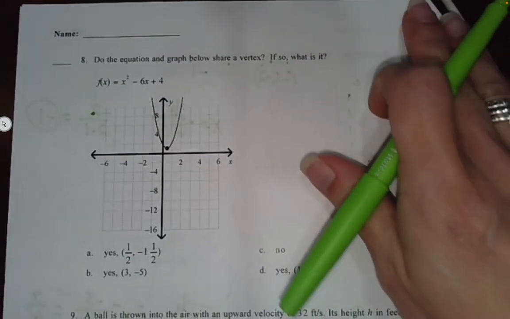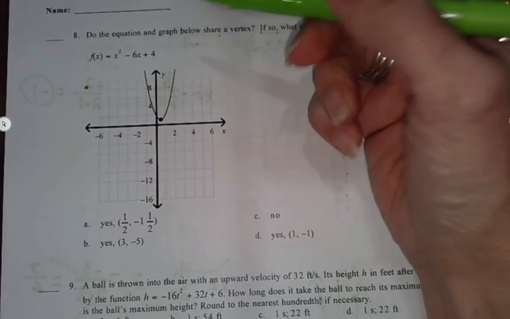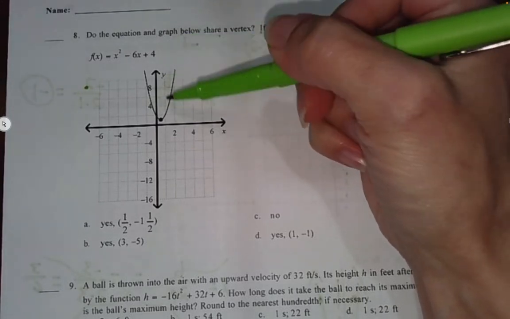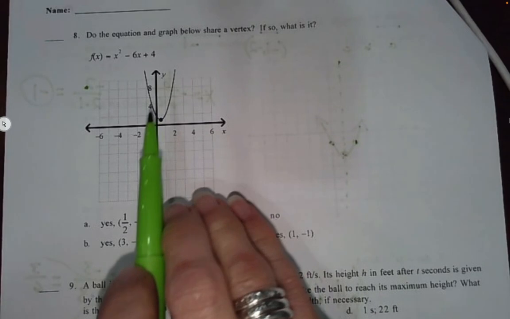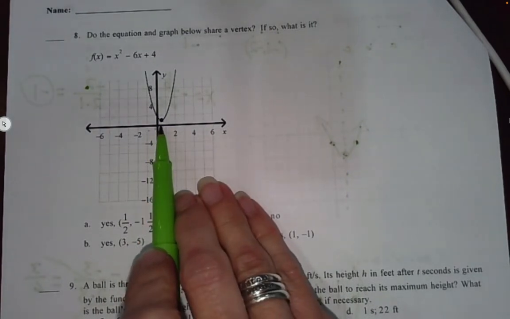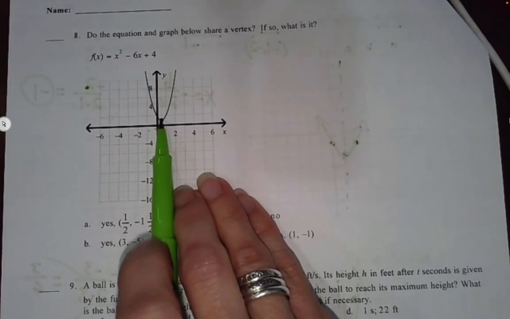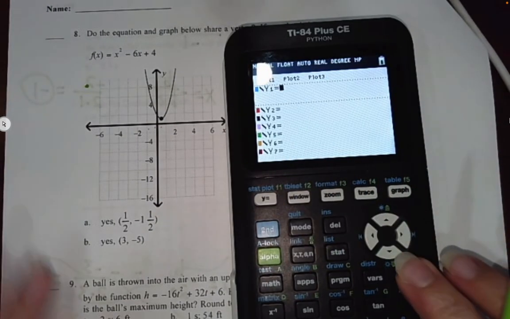Okay. Now on this one, all it wants to know is, do these two things, these are two different problems, do they have the same vertex? Okay? So this one looks like it's over 1/2 and up 1 or something like that. I don't know. Let me just graph this one and see if they look the same.